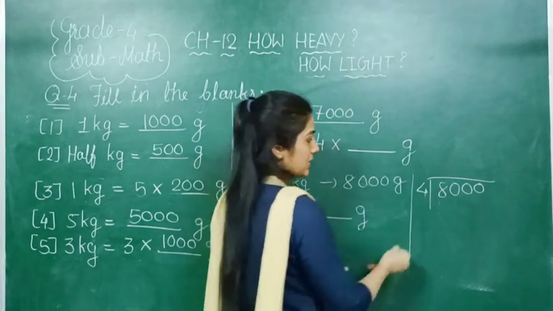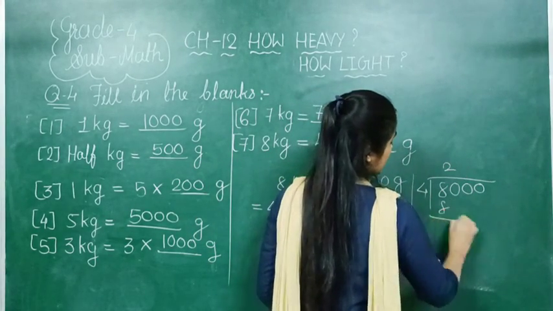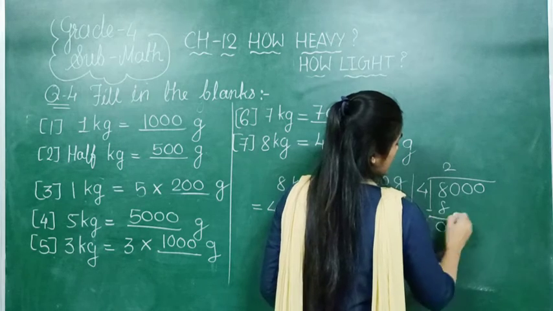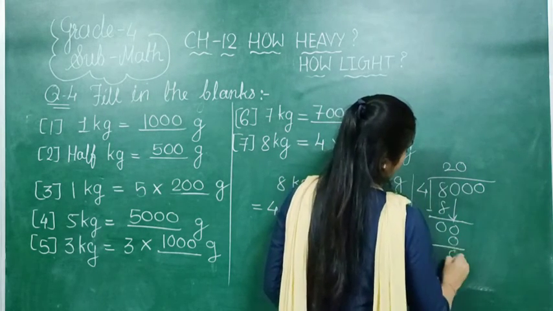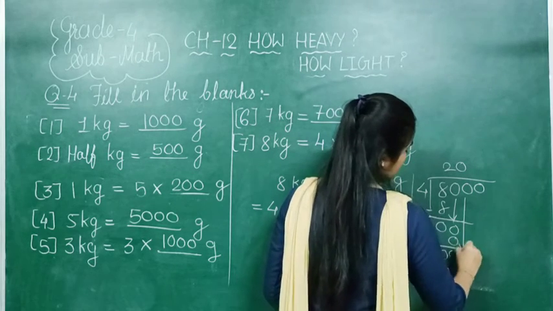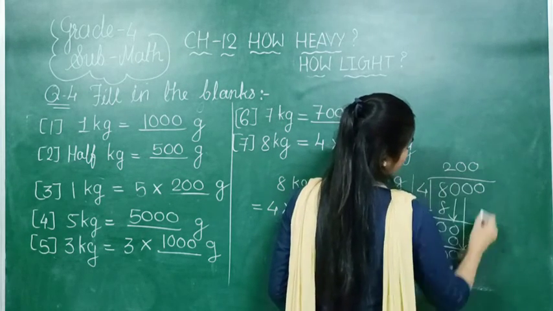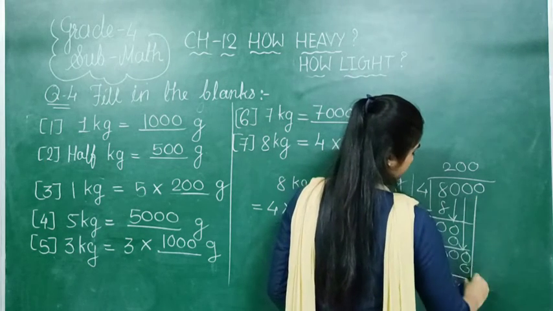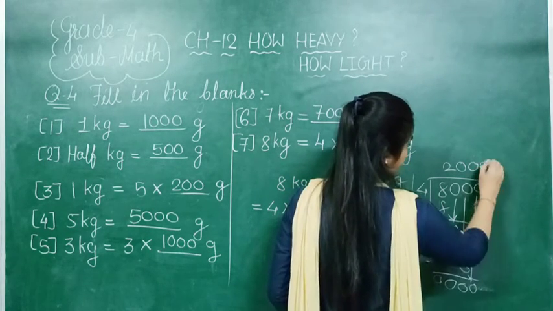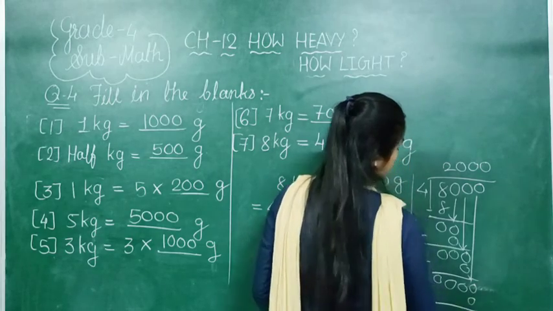It's very easy. 4 2s are 8. Now this 0 we are putting, 4 zeros are 0. 3 steps we have to do, because 3 zeros are given at the back. Again 4 zeros are 0, and the last step also will come the same. 4 zeros are 0, like this.